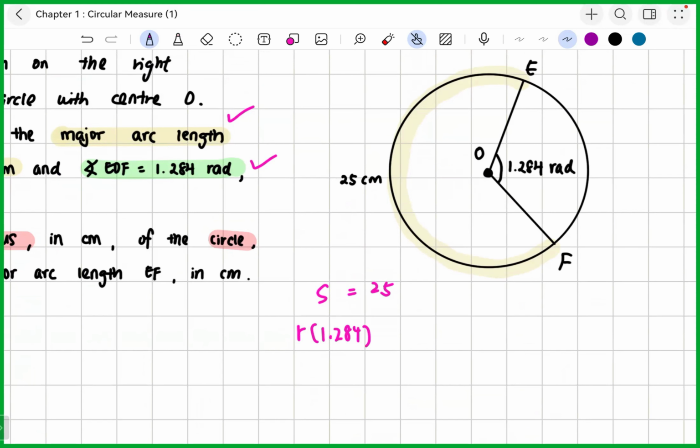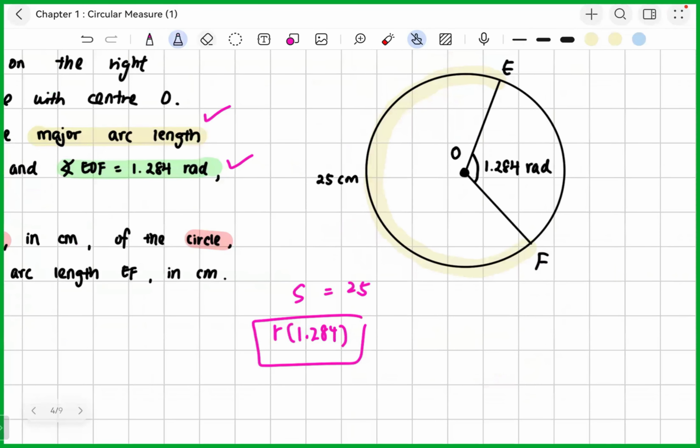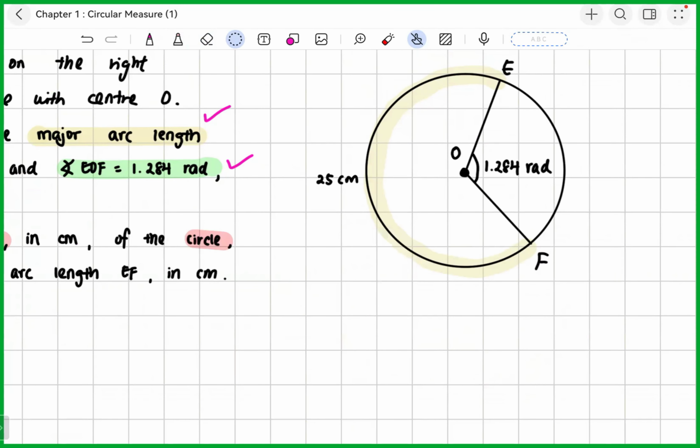When you do this step, it means you have a wrong concept on circles. Every time you want to find the radius using the arc length and the angle, you have to make sure that the angle you substitute always faces towards the arc length that you substitute into the formula.